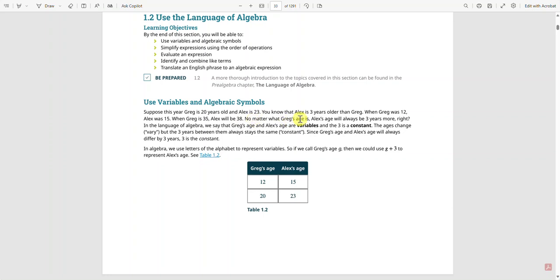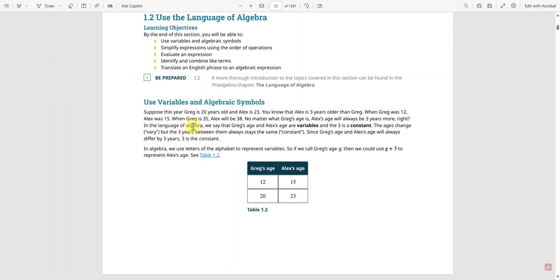No matter what Greg's age is, Alex's age will always be 3 years more. See how that's a general rule for the ages of these two men.